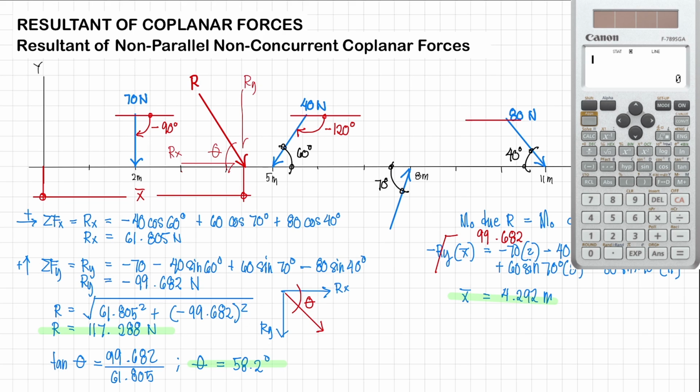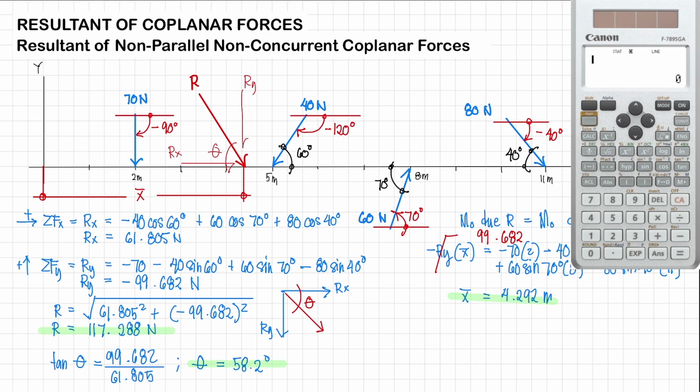Sorry, give me a moment. Right. So for 60 newtons, we're going to be measuring at the right side of your forces. So this is going to be 70 degrees. That's going to be positive since we're measuring it in a counterclockwise direction. And then this one is going to be negative since we're measuring it in a clockwise direction. So this is going to be negative 40 degrees.